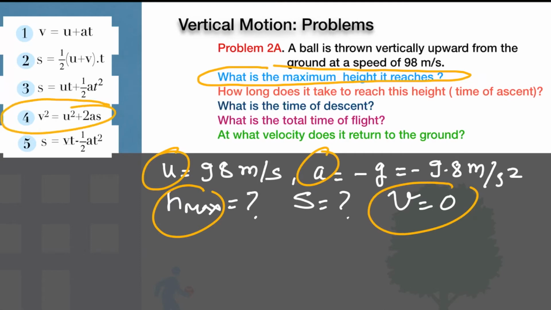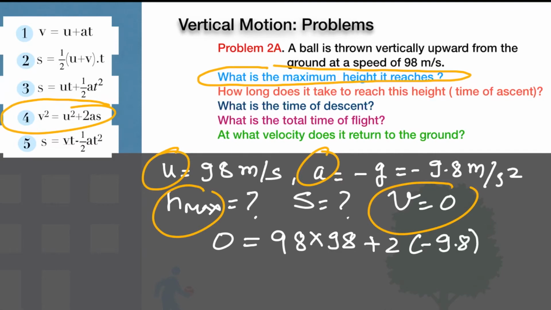So by putting values there, v squared means 0 squared equal to u squared, 98 into 98, plus 2a, where a is minus 9.8 meters per second squared, multiplied by the unknown value s, which is s maximum.